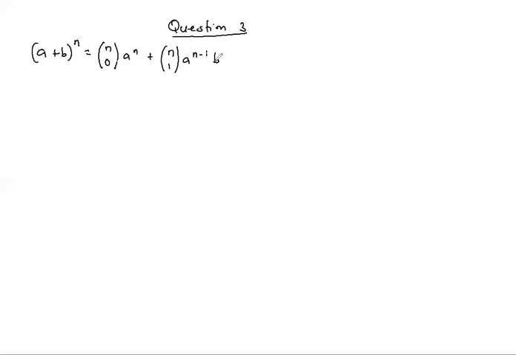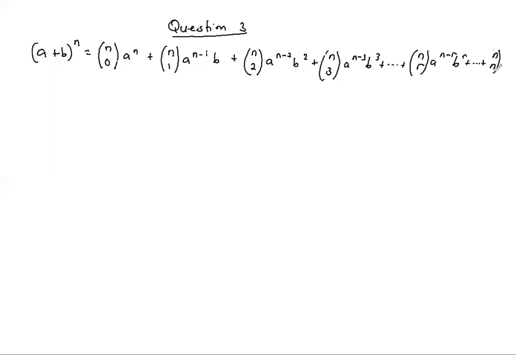So this will be b plus n choose 2 a to the n minus 2 b squared, n choose 3 a to the n minus 3 b cubed, plus n choose r a to the n minus r b to the r, until you get to n choose n, where there will be b to the power n.